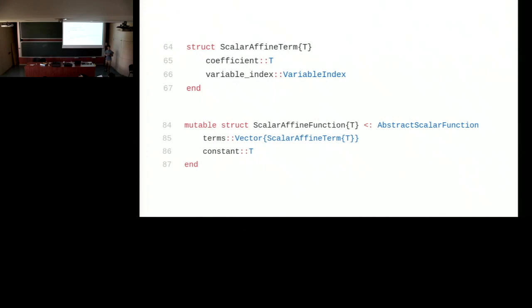We decided to put the indices and the coefficients together in pairs in the scalar affine term struct, so we don't have to worry about these vectors. We never have to validate that the vectors have the right length. You know that with every index you have a coefficient. So now the definition of this is we have a vector of terms and a constant. Not too hard.